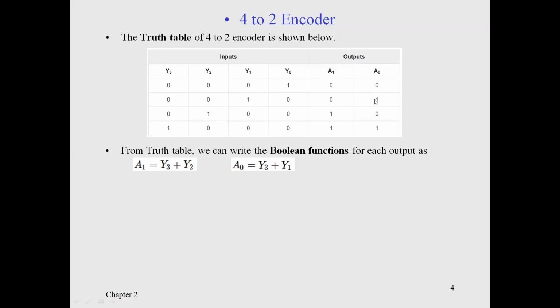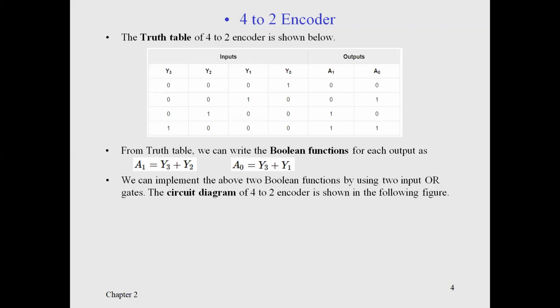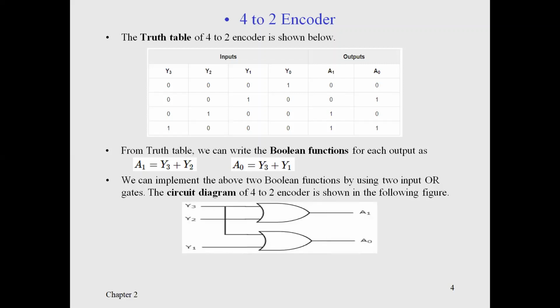A0 is high for Y3 plus Y1. We can implement the above 2 Boolean functions by using 2 input OR gates. The circuit diagram of 4:2 encoder is shown in the following figure. So clearly A1 is the OR of Y3 and Y2 and A0 is the OR of Y3 and Y1.